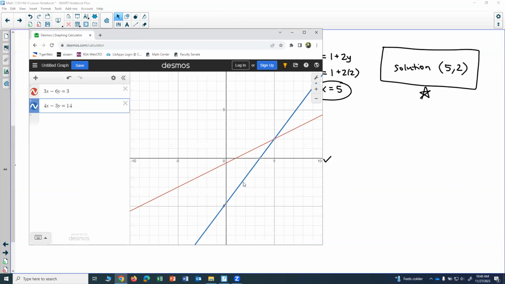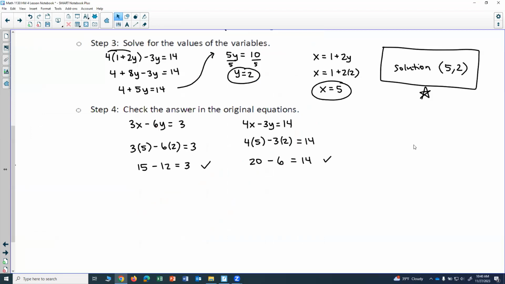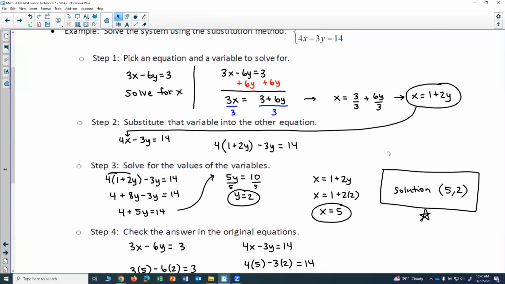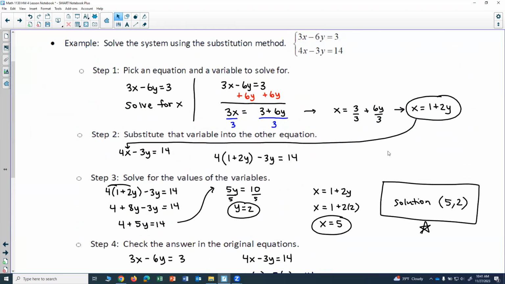If I look at where the two lines cross, they cross when x equals 5 and y equals 2. So you can check your answer by graphing the two equations in Desmos. However, on the test, you will have to show your work in order to earn credit. So don't just plug them into Desmos first. Do the work first, do all of these steps first, and then check your answer in Desmos.